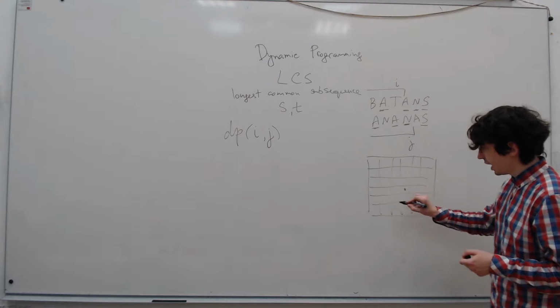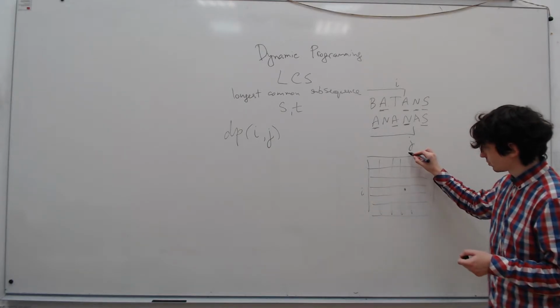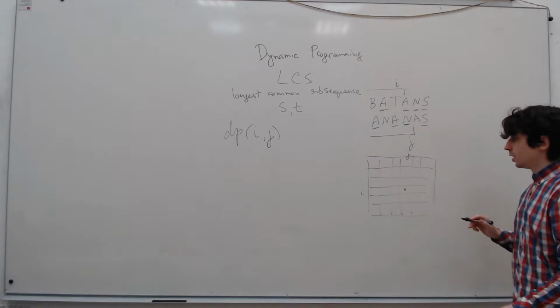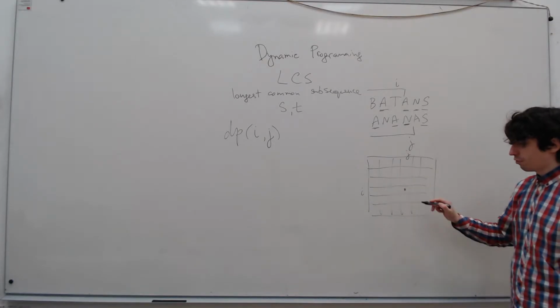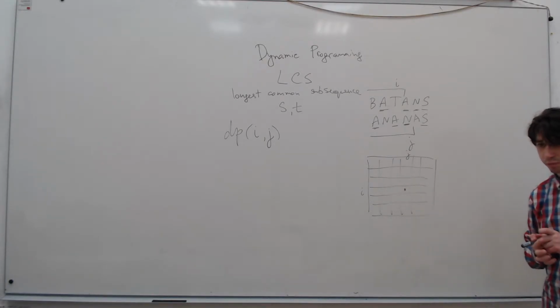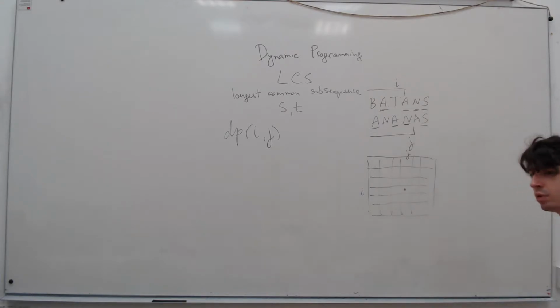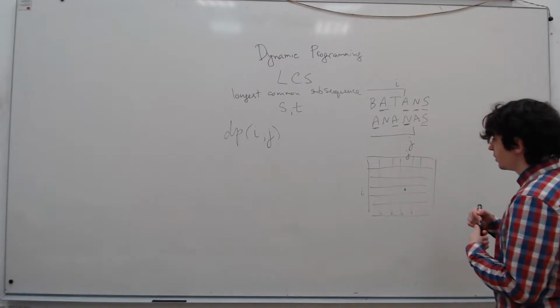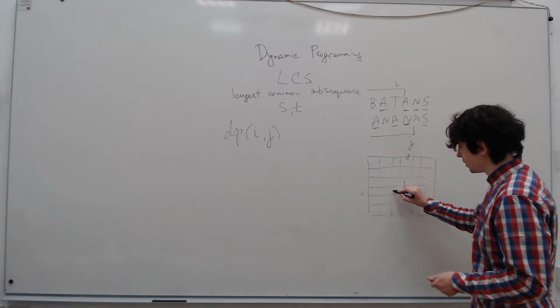So this is kind of the same here. We want to calculate the answer for ij. From where can we get to ij? Also from the top and from the left.